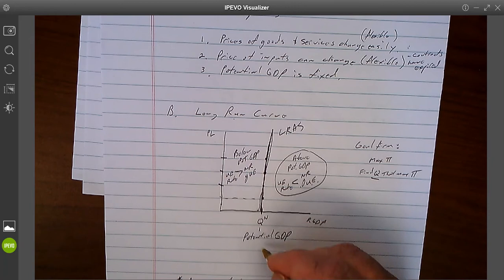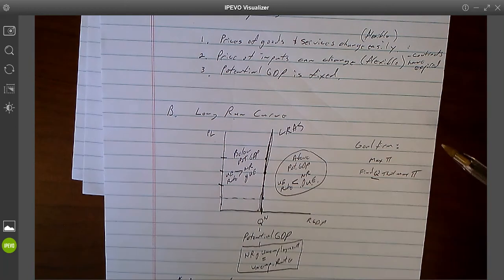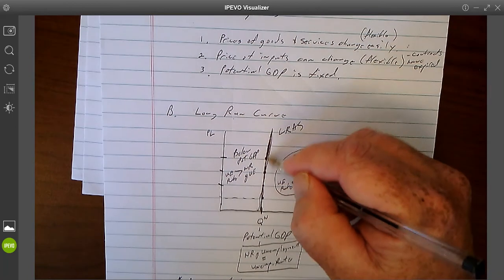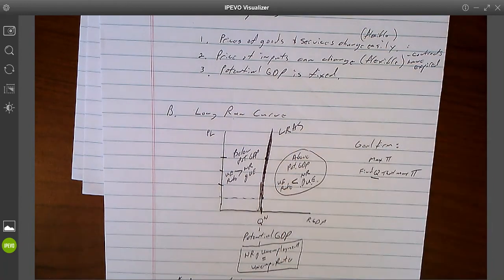What's going to occur at QN? We're going to have the natural rate of unemployment. That's going to be equal to the actual unemployment rate. They're going to be equal to each other, right? So here is this is our target, okay? This is what we want the economy to achieve, okay?